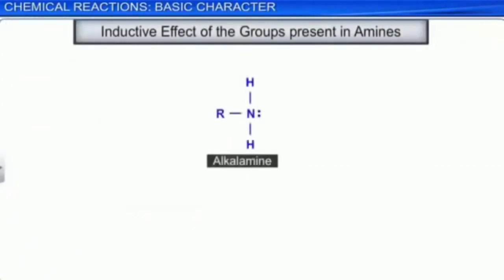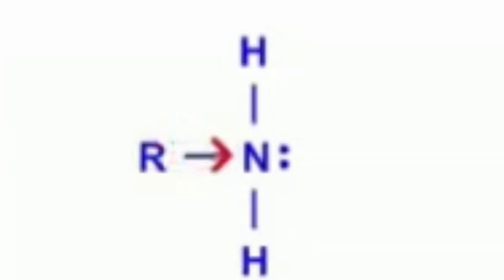We consider a primary amine. Primary amines means nitrogen is attached to only one alkyl group and two hydrogen atoms. This is a primary amine. Here alkyl groups have a plus I effect, meaning electron releasing effect. Electron releasing effect means the R group has a tendency to push electrons towards the nitrogen atom.